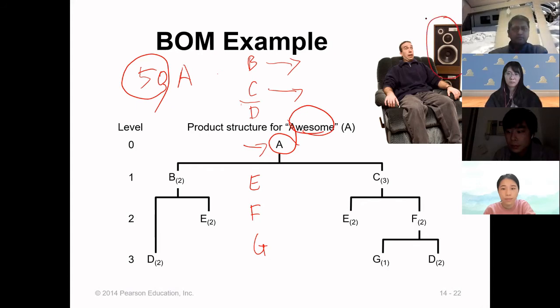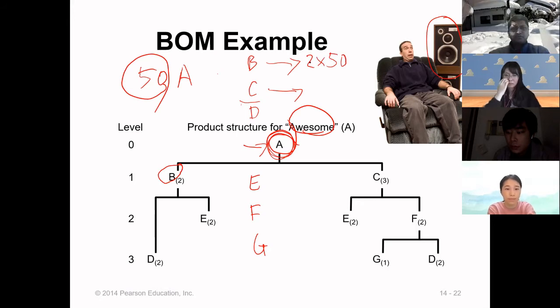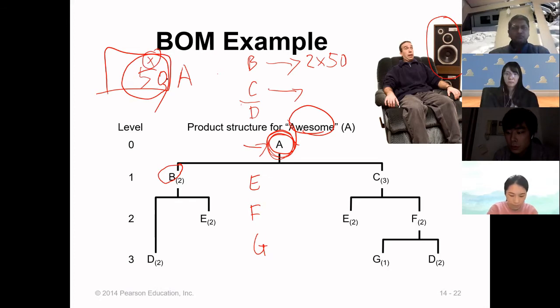We want to produce 50. How many B do you require? 100. So it's actually 2 times A, 2 times 50, because I say I want to have 50. So this can change. It depends on X here. If it is 100, 2 times X, 200.